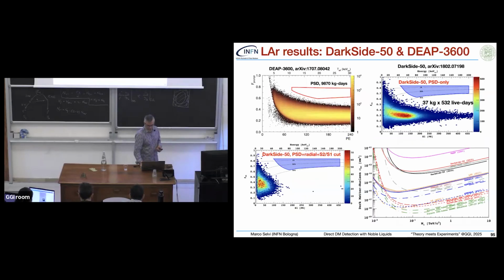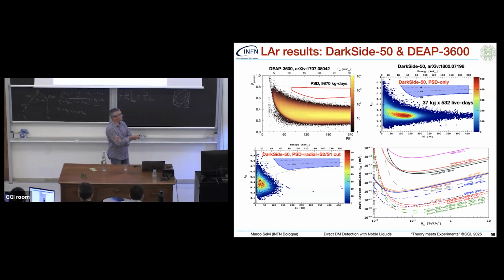So just a few results from DarkSide 50. This was extremely useful to prove that you can use underground argon to decrease the electronic recoil background in the detector, and also to check the discrimination power, in particular of the pulse shape discrimination.